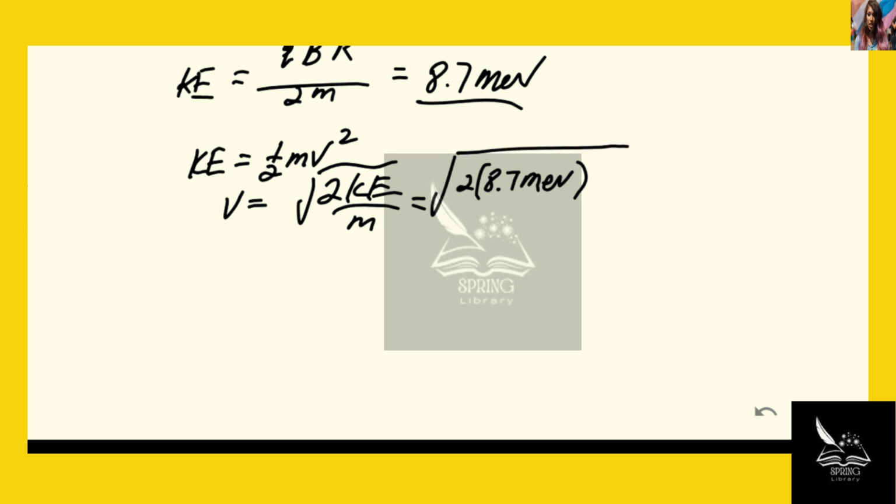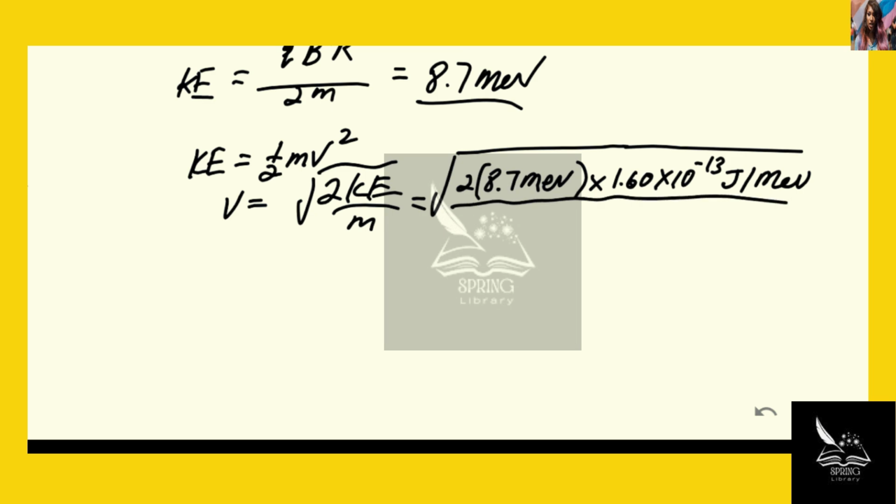So we multiply by the conversion factor over here, that's 1.6 times 10 to the power minus 13 joules per MeV. And we divide by the mass of our alpha particle. That is because it has 4 nucleons, so we just take 4 times the mass of a proton. It's very close to the mass of a neutron as well, so not much difference.